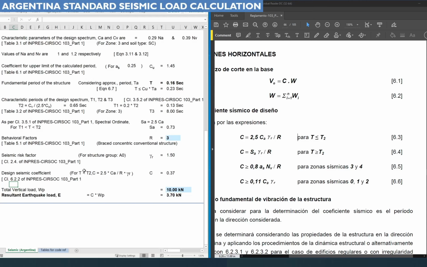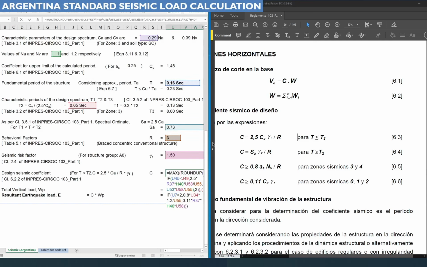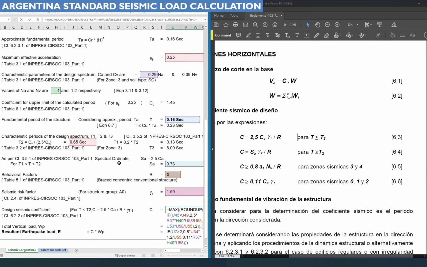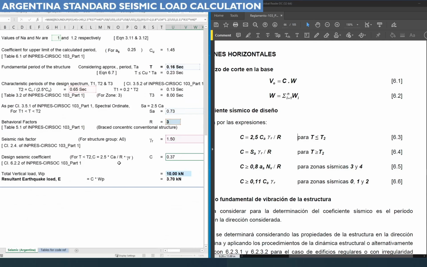For seismic zones 3 and 4, C should be greater than or equal to 0.8 AS NV divided by R. And for seismic zones 0, 1 and 2, C should be greater than or equal to 0.11 CA into gamma R. All these formulas or if-conditions are applied based upon our available input and values.